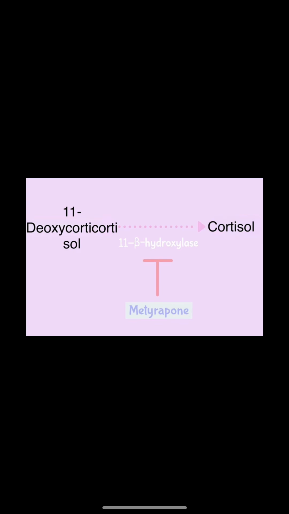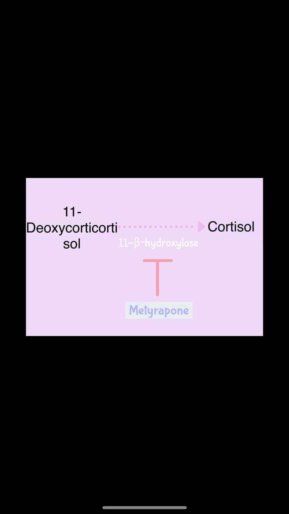What the metyrapone test is doing is testing the hypothalamic pituitary adrenal axis, and in this way we are able to separate if the problem is coming from the hypothalamus and the pituitary, or if it is coming from the adrenal gland.